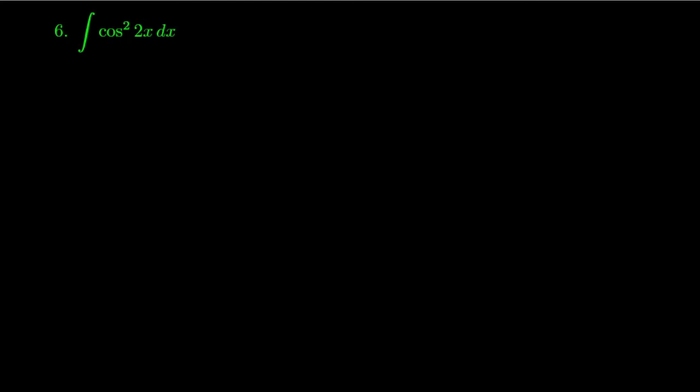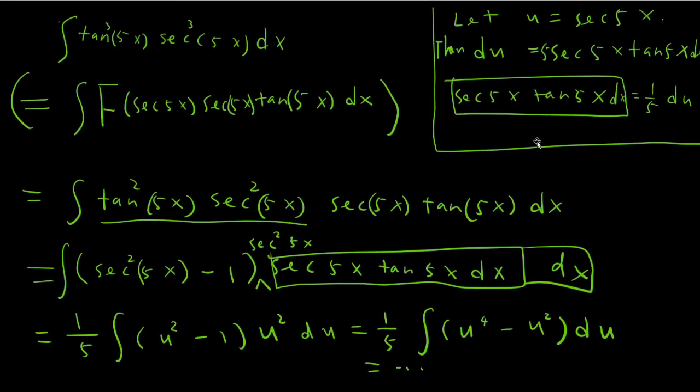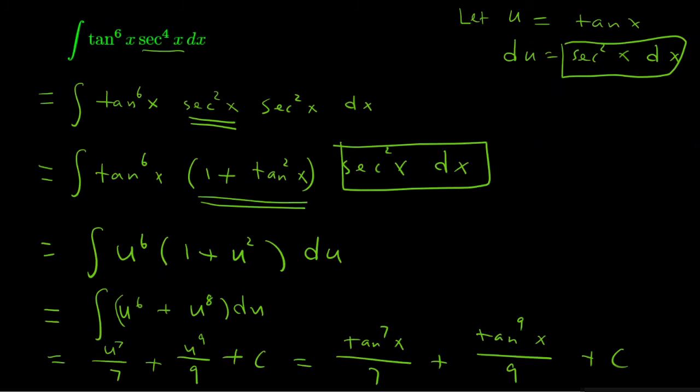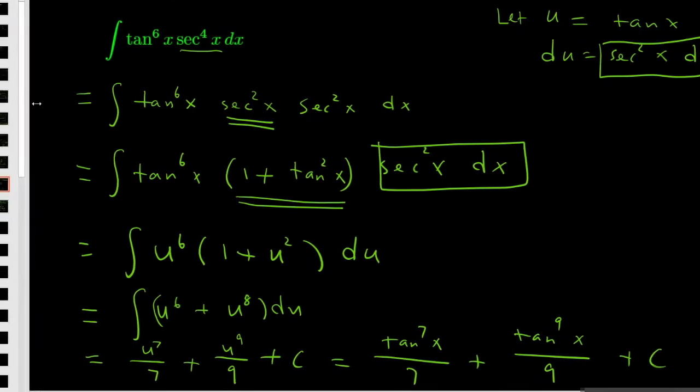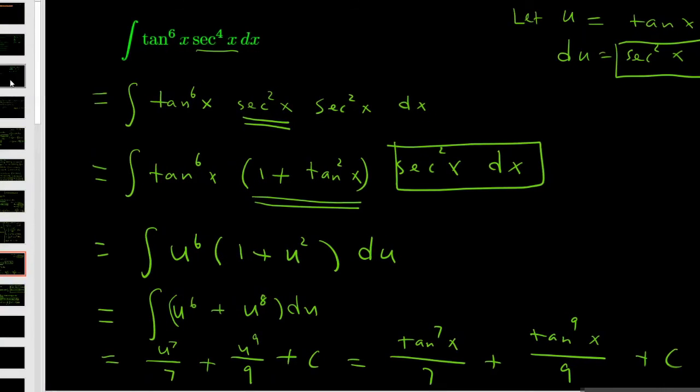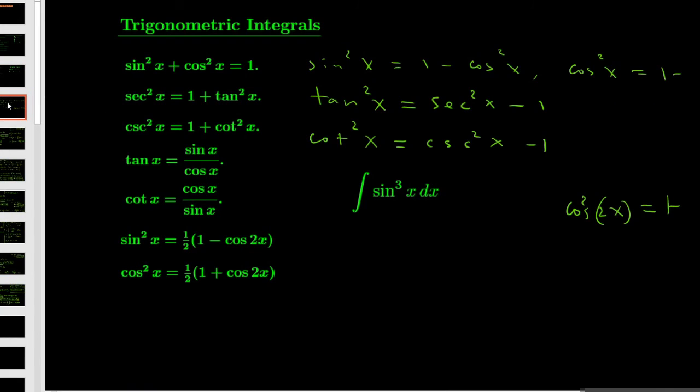So these numbers are even numbers. Even numbers are multiples of 2. When you see sine of whatever x or cos of whatever x to some even powers, you need to think about using the trig identities of these two.